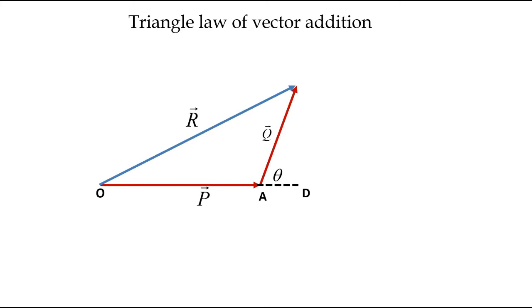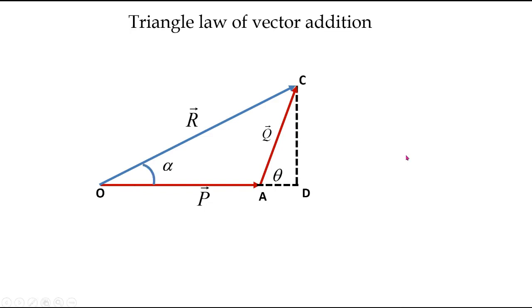So two vectors P bar and Q bar are represented in magnitude and direction by the sides OA bar and AC bar of the triangle OAC taken in the same order. Then according to triangle of vector addition, the third or closing side of the triangle taken in the opposite order represents the resultant R bar in magnitude and direction.